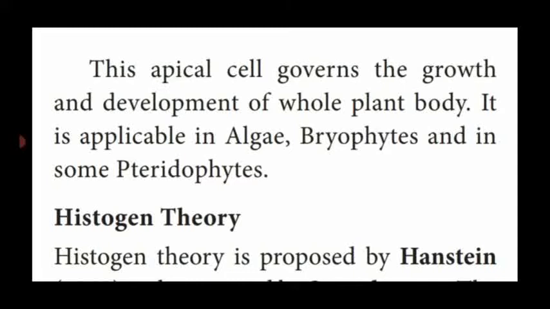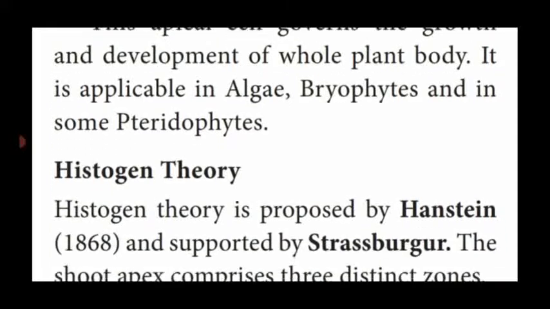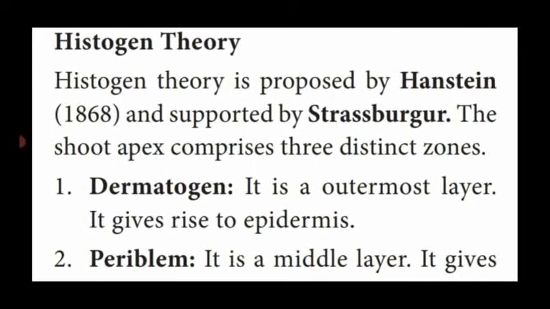So the entire plant body is developed from the single apical cell which is present in the tip of a shoot. This apical cell is present in lower plants such as algae, bryophytes and in some pteridophytes. That theory is known as apical cell theory.